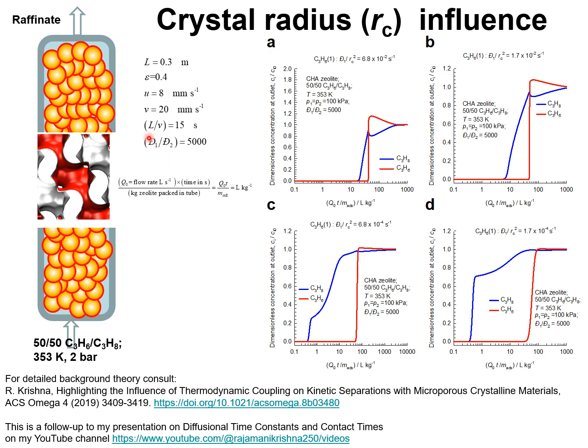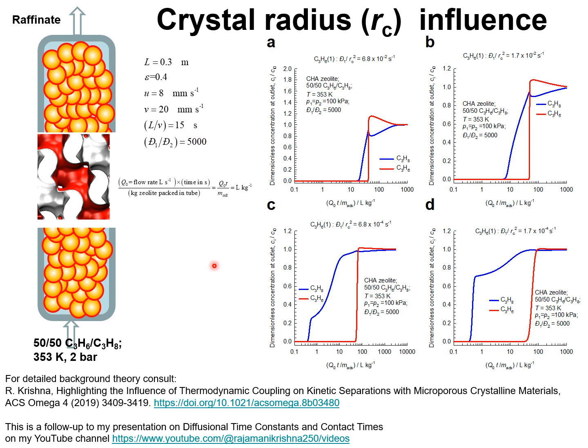The superficial gas velocity at the inlet to the fixed bed is 8 millimeters per second, and the interstitial gas velocity, which is the superficial gas velocity divided by the bed voidage, epsilon, is 20 millimeters per second. This yields a contact time between the gas mixture and the particles of 15 seconds.